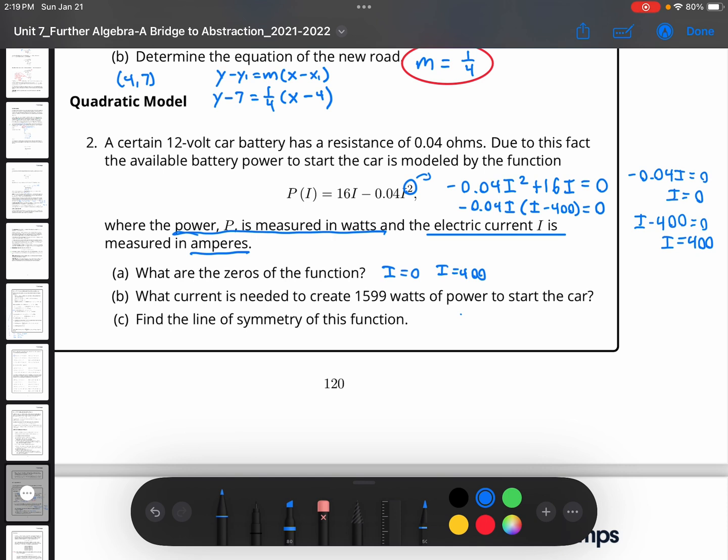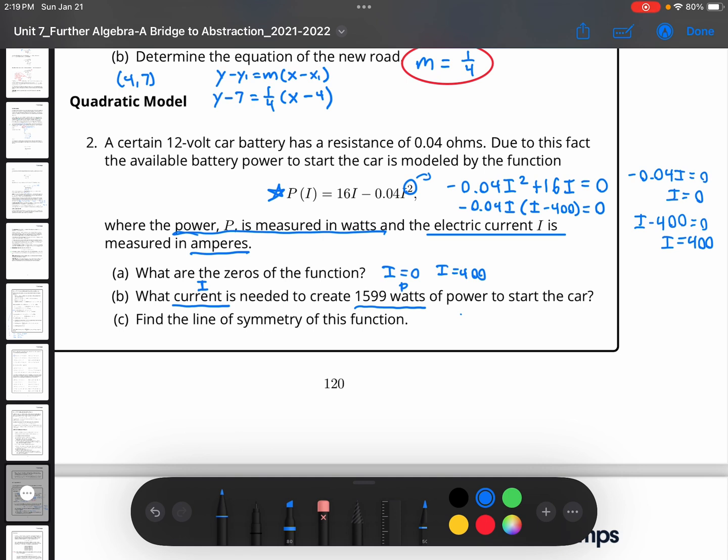Remember, current is, in this case, I. So we don't know what I is to create 1,599 watts, which is P. So what that means is that we already have the letter P. Remember, we're still using this formula they're going to give us. So we want to know.